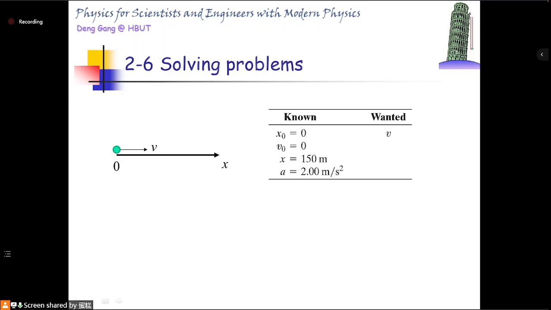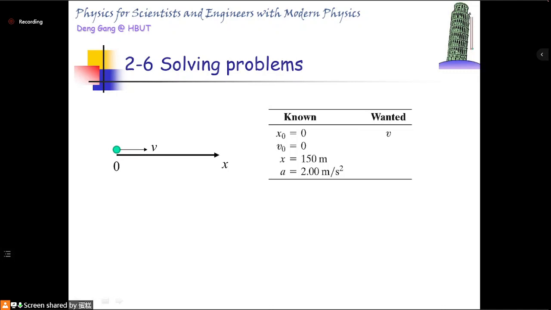Sometimes in a real problem, they will not directly tell you the initial condition. You need to find it from the description, or from what you know in your daily life. When an airplane wants to take off, it starts at rest. That's why we choose V0 to be 0.